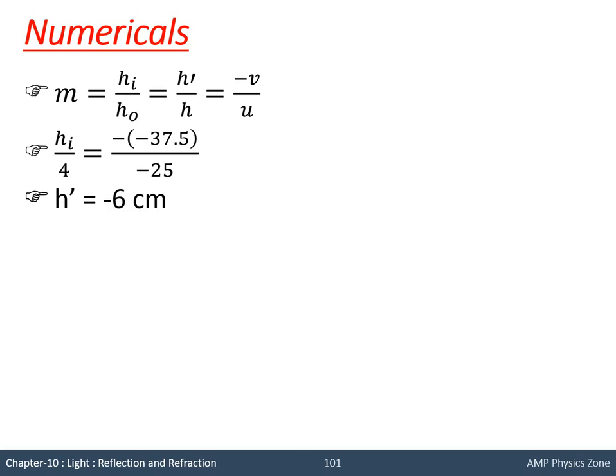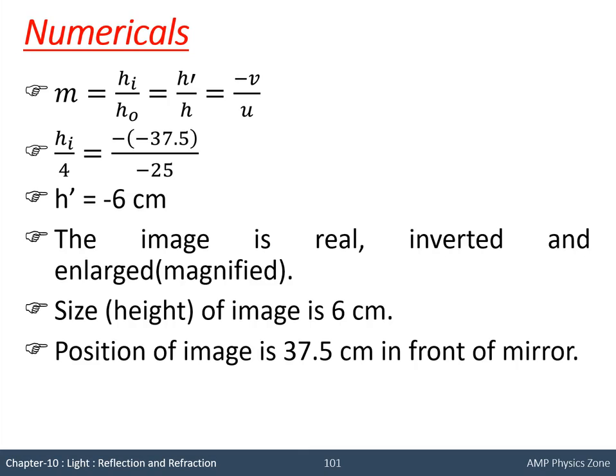Position will be 37.5 in front of the mirror. The image will be formed 37.5 centimeter in front of the mirror, and the size of the image will be 6 centimeter, and as the negative sign is there, it is inverted. Okay, so this we can write from the answers that we have obtained. So we will stop here in this video.